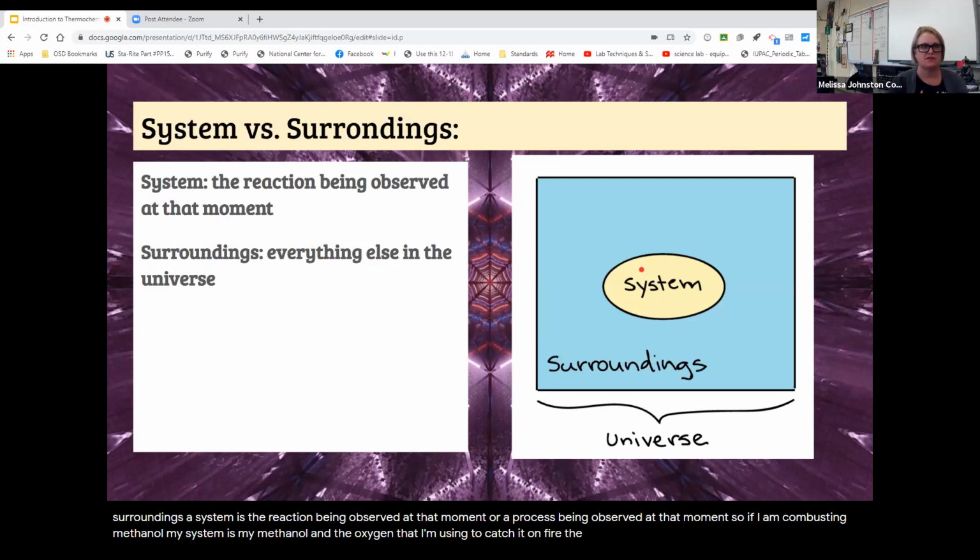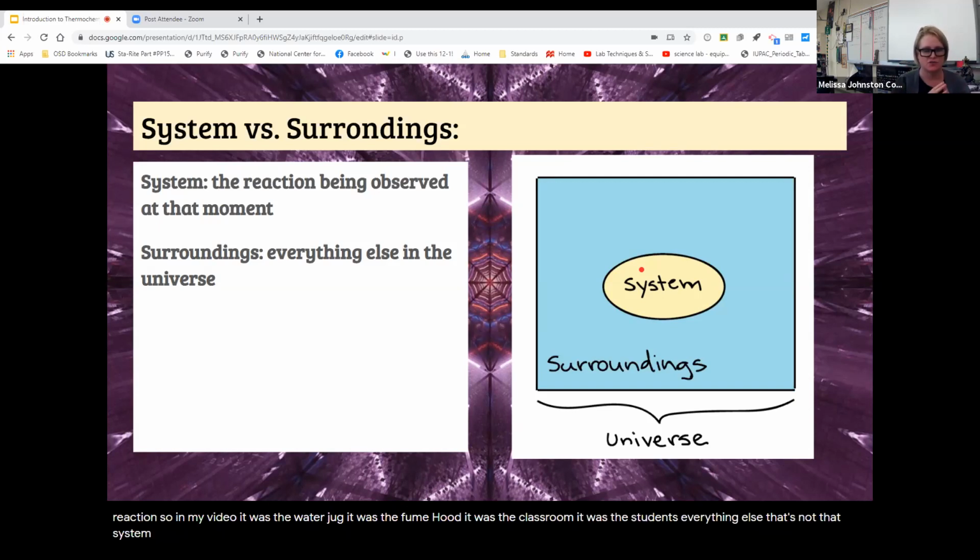The surroundings are going to be what contains that reaction. So in my video, it was the water jug, it was the fume hood, it was the classroom, it was the students. Everything else that's not that system is the surrounding. The rest of the universe would be the surroundings. So when we're talking about endothermic and exothermic, please remember those two definitions.